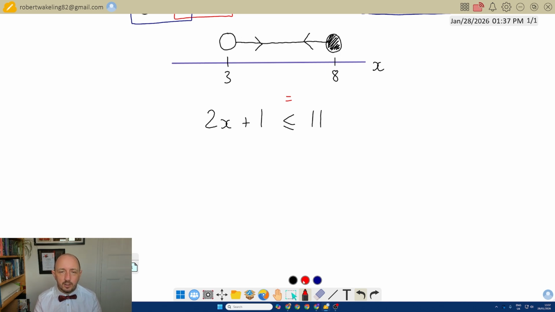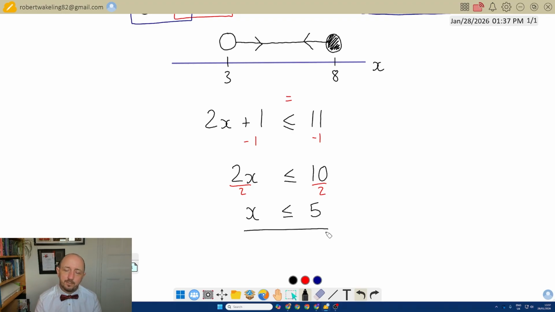You would take away 1 from both sides, like this. 10. Okay, so the plus 1 and the minus 1 disappear, and we subtract 1 from this side, and then I would divide by 2. So I would divide by 2 here, and I'd get x less than or equal to 5.